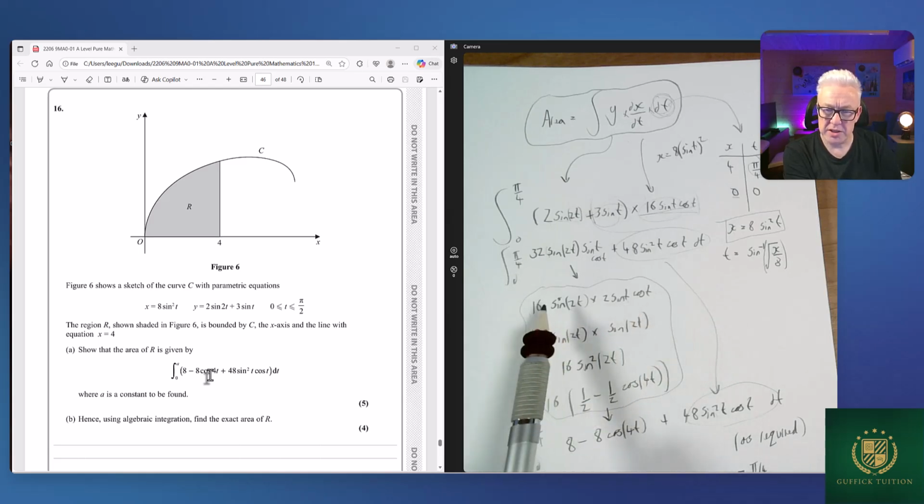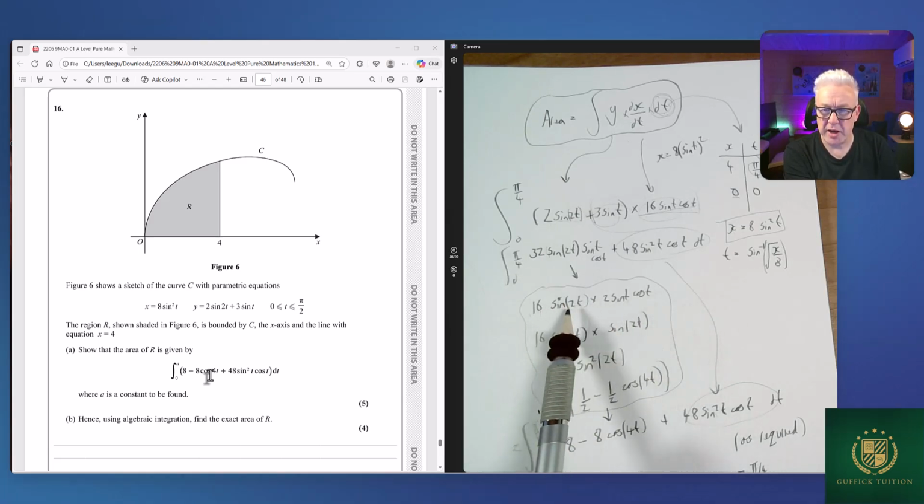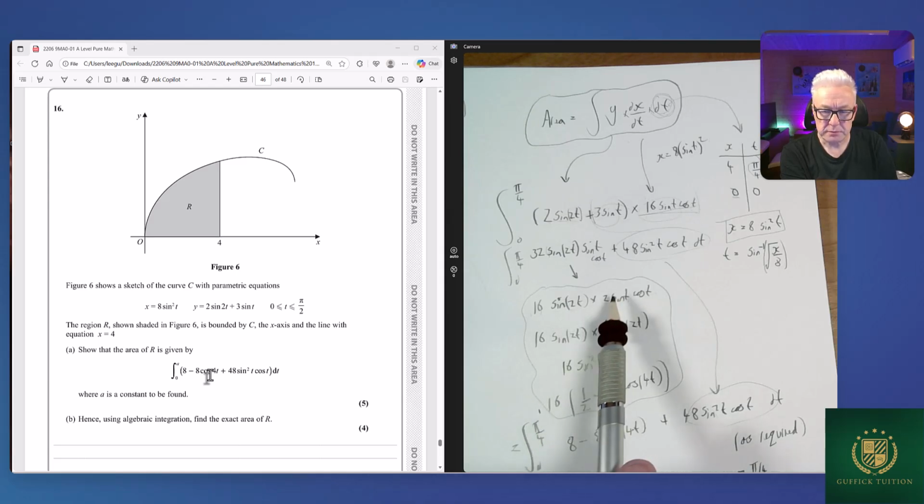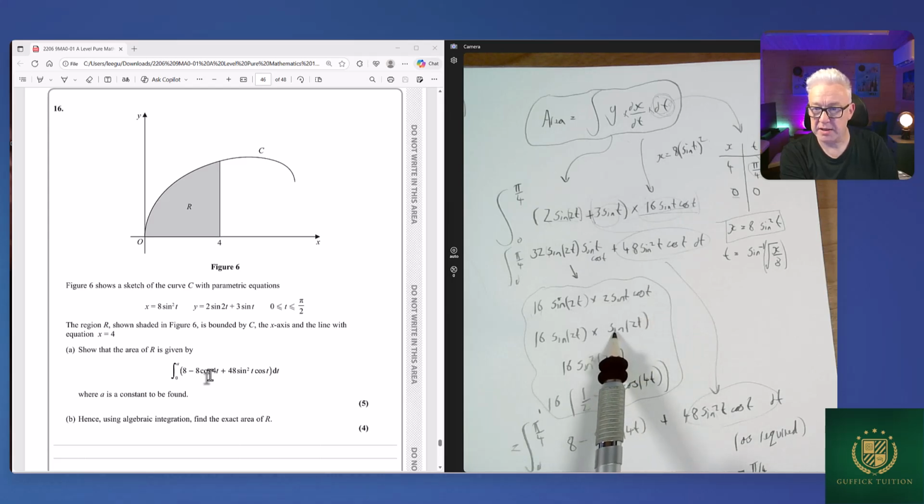So in order to have sine squared, I need to generate from somewhere another lot of sine 2t. So I've written 2 lots of sine t cos t, because that is in fact sine 2t. So now I've got sine 2t times sine 2t, that is sine squared 2t.